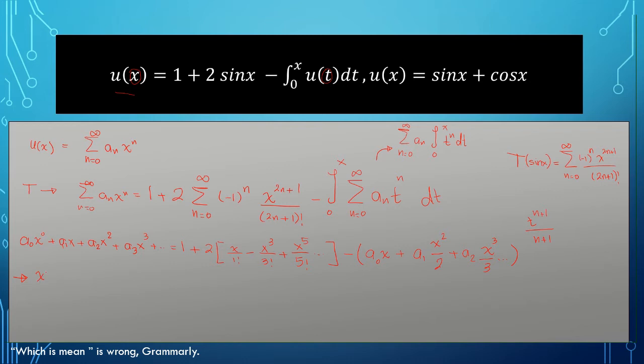So at x raised to 0 we have in the left hand side only a0, so we write a0 equal to, and here we have only 1 because here the smallest one is raised to 1, and here the smallest one is raised to 1 too, so a0 will be equal to 1. For x raised to 1, on the left hand side we have just a1, the right hand side we have 2 minus a0.